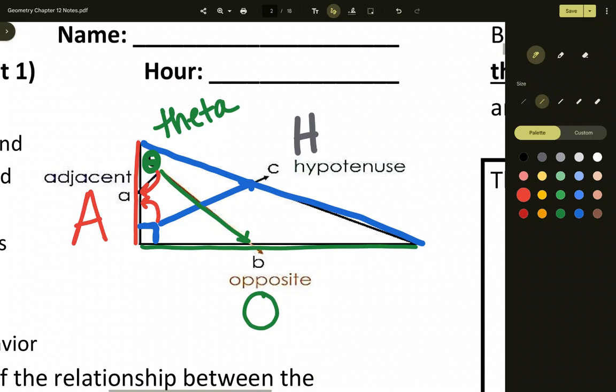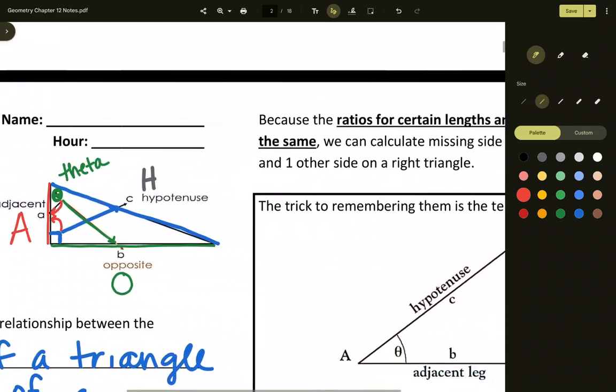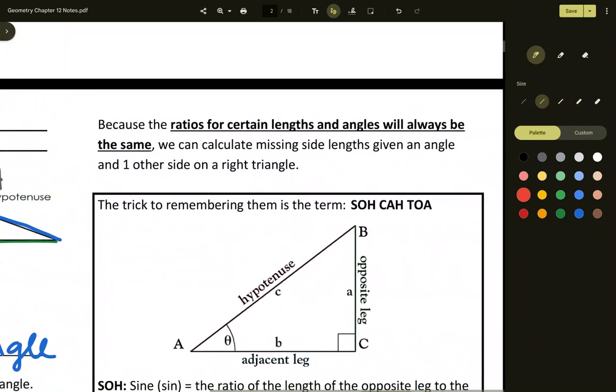So we're going to be looking at these three sides according to where they are placed when you have a right angle or a specific angle measurement on a right triangle. All right, over here it says, because the ratios for certain lengths and angles will always be the same, we can calculate the missing side lengths given an angle and one other side on a right triangle.